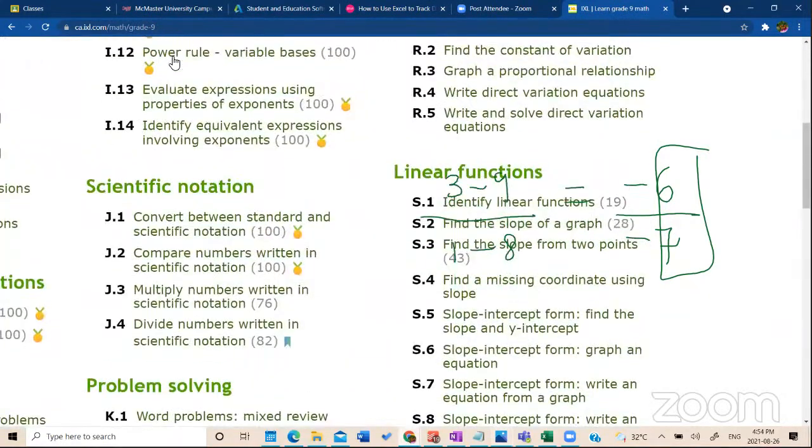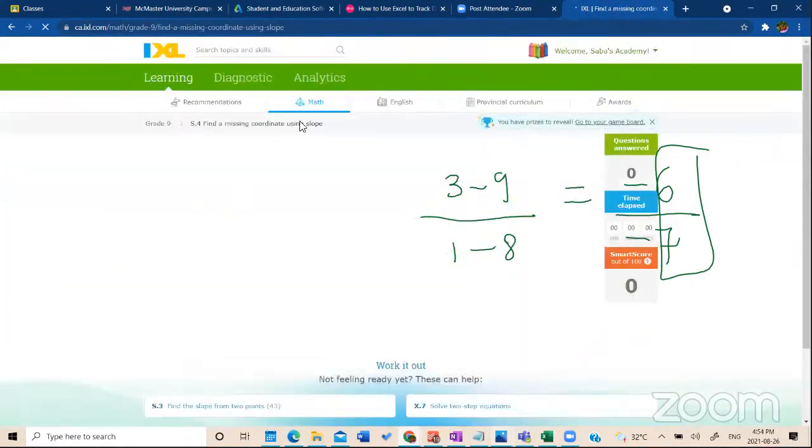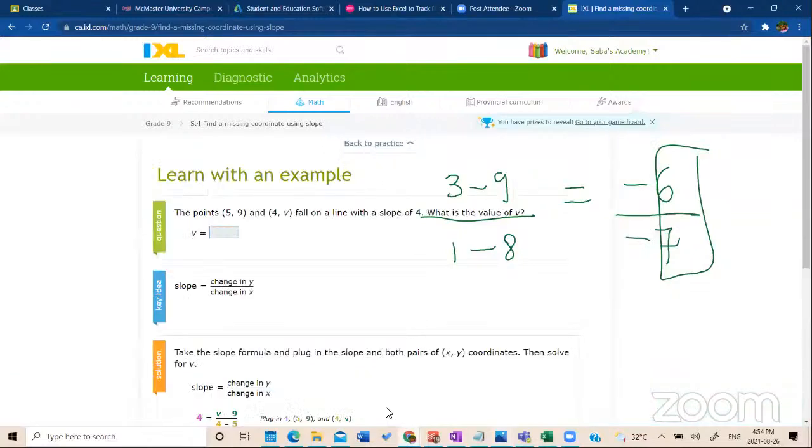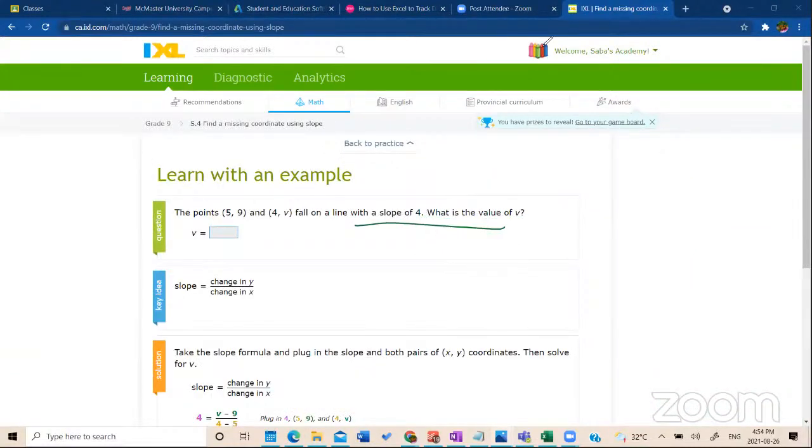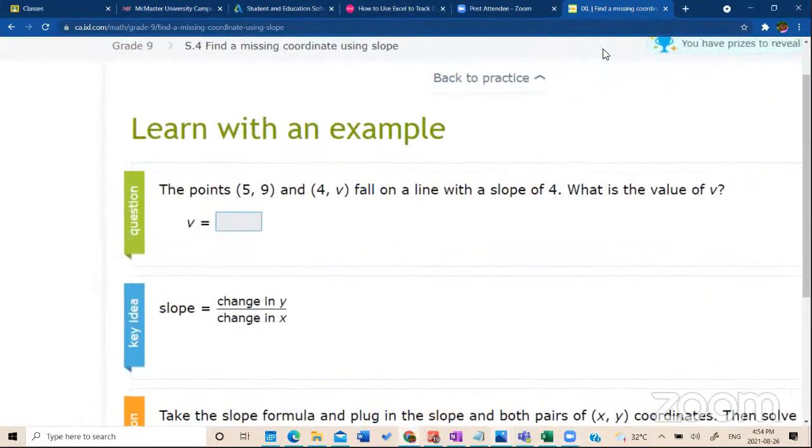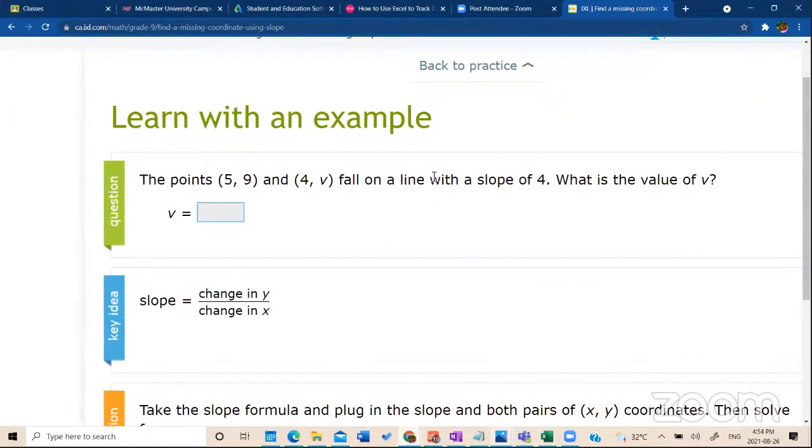So finding a missing coordinate using slope. Let me clear my drawings. Okay, so the points 5, 9, and V, 4 fall on a line with slope of 4. What is the value of V?